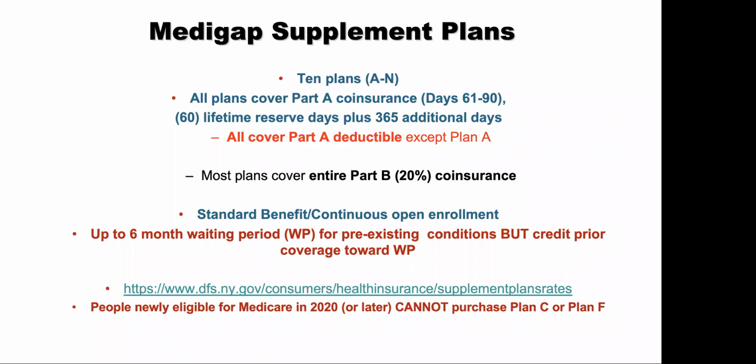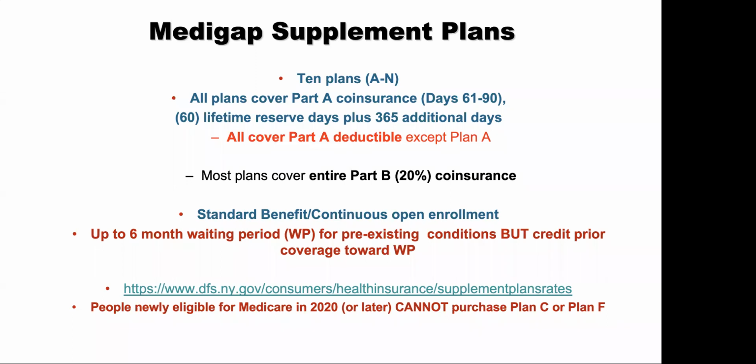And you can see that all the plans cover that Part A coinsurance, days 61 through 90 that we talked about, that had that $400 per day coinsurance. They cover the 60 lifetime reserve days that had the $800 per day coinsurance. And they also give you an extra 365 days of hospitalization.